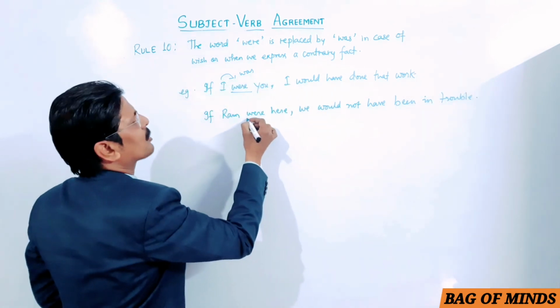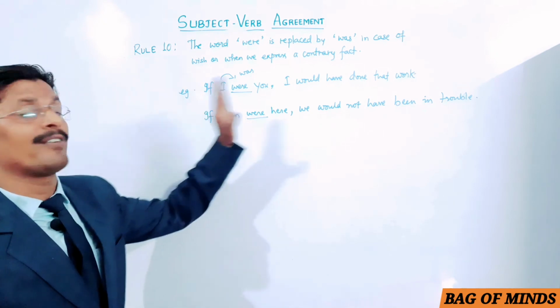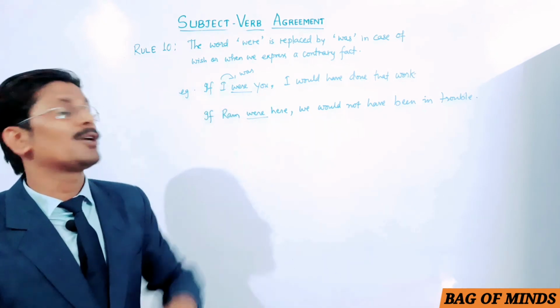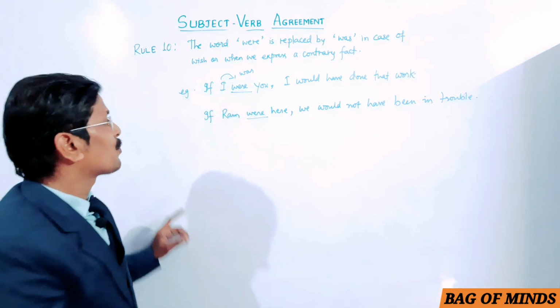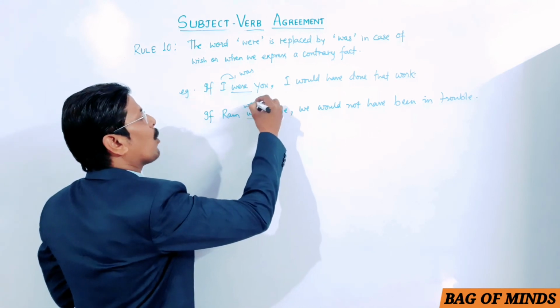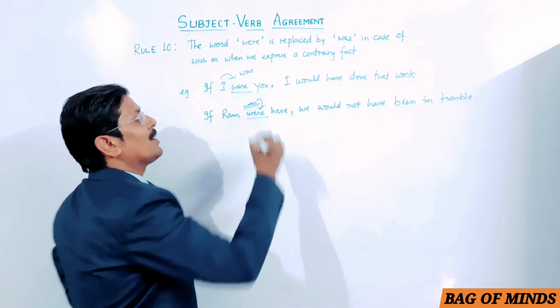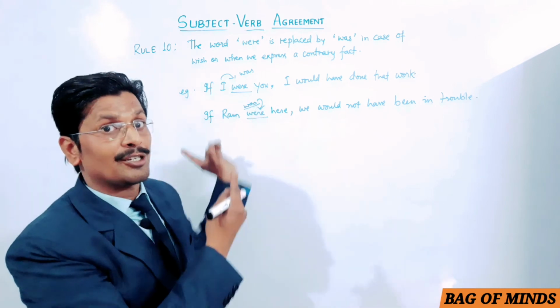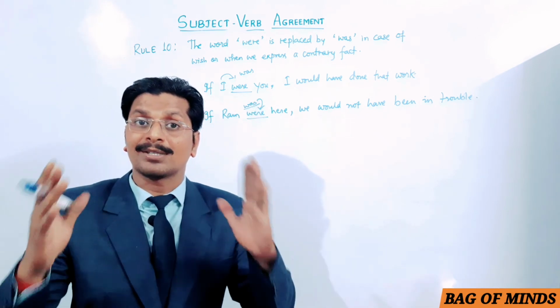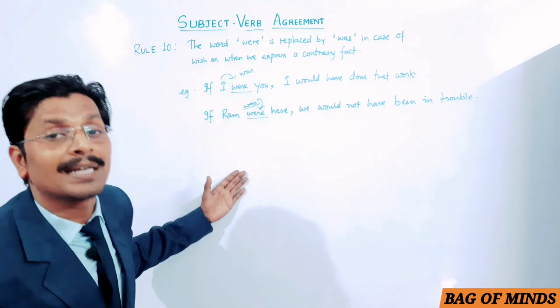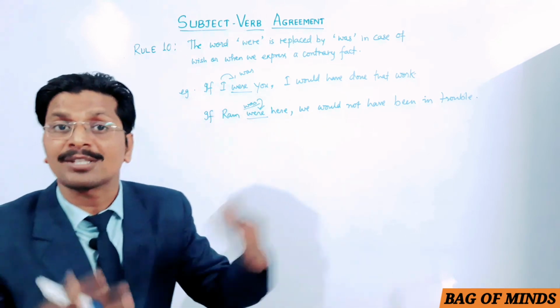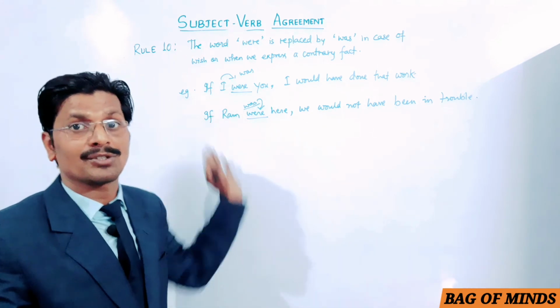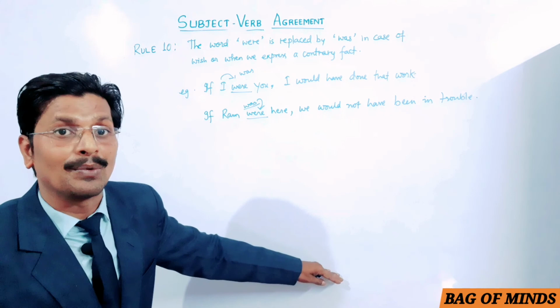Again, it talks about a wish, that if Ram would have been here, then they would not have been in trouble. This is why there should have been "was," but it has been replaced by "were." So whenever you see such statements, do not make assumptions that it is an incorrect sentence, because it does not follow the basic rule of subject verb agreement: singular subject, singular verb, plural subject, plural verb.